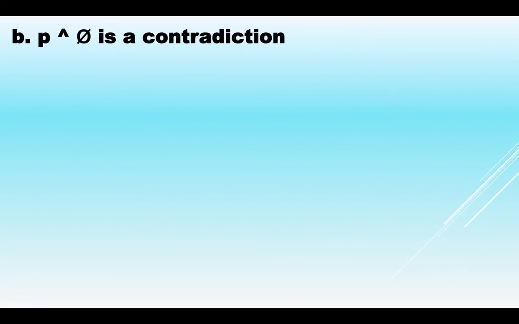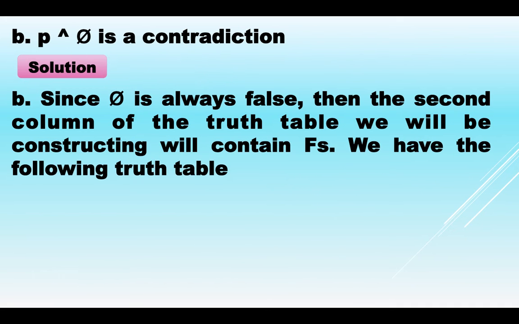For number 2, or letter B, P conjunct null is a contradiction. So, solution: since null is always false, and as we all know, pag sinabing conjunction, ang rule natin, pag parehong true, yun lang true, the rest are false. Meron sa null, lahat ng kanyang elements ay false.